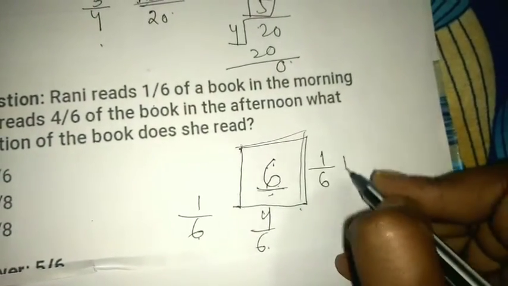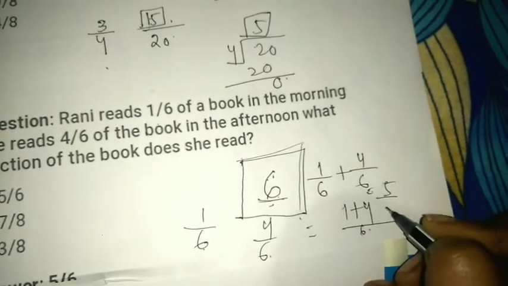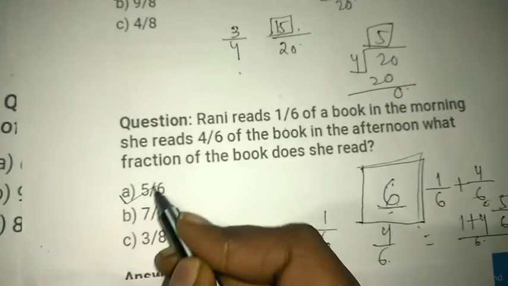So in this question, we have to simply add the fractions: 1 by 6 plus 4 by 6 is equal to, the denominator will remain the same, then 1 plus 4 is equal to 5 by 6. So she reads 5 by 6 of the book in this day.